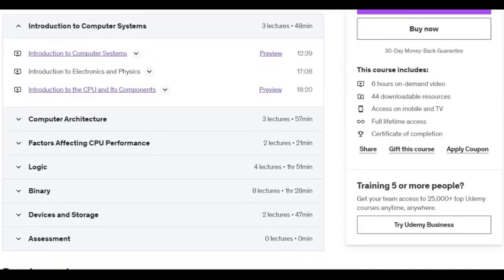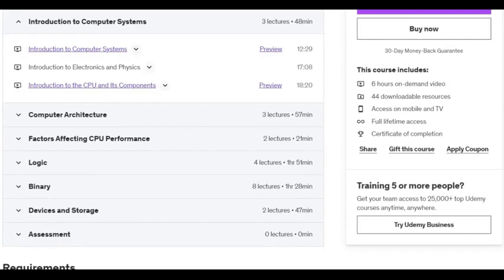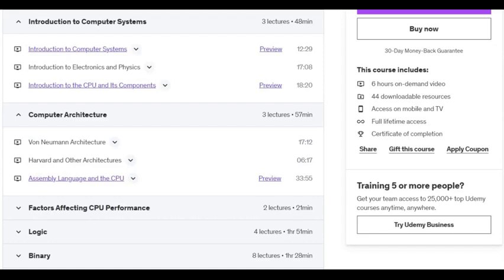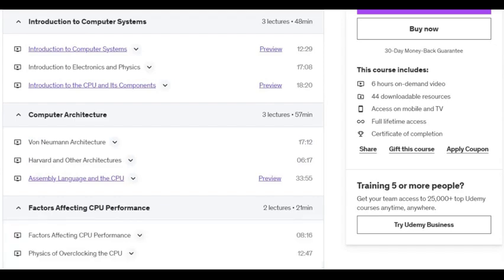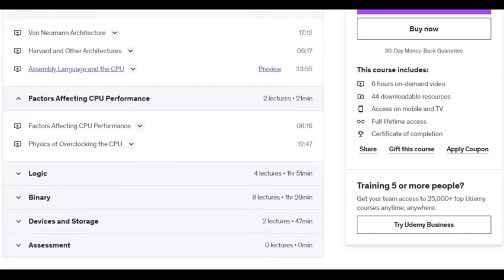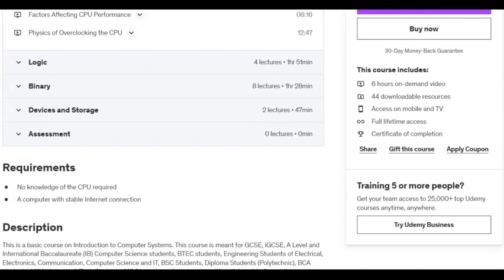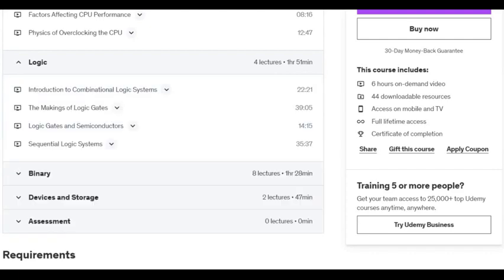So this is the course content. You've got computer systems, so I'm introducing you to it. Then I'm going into the different forms of architecture and assembly language. Then the factors that affect it and the physics of overclocking the CPU. And then I'm going into logic, so combinational logic systems, making the logic gates, sequential logic systems, semiconductors.